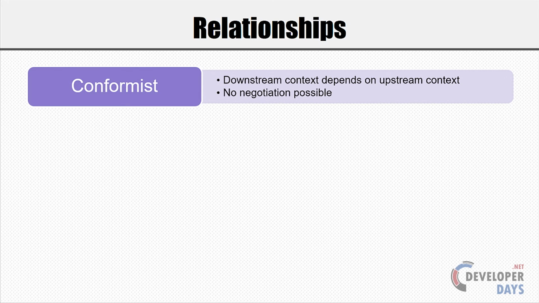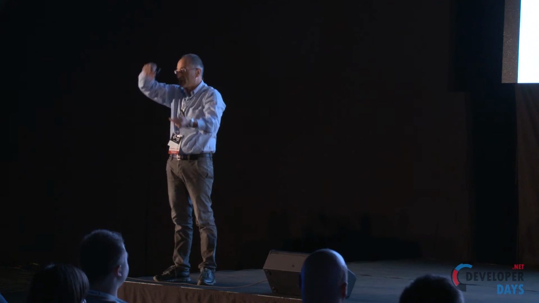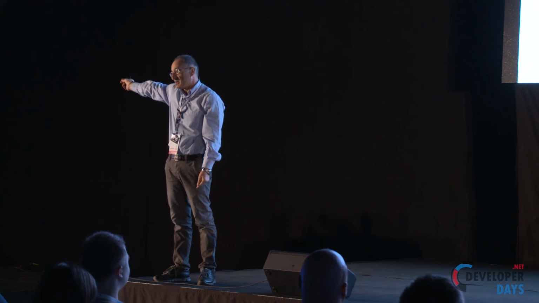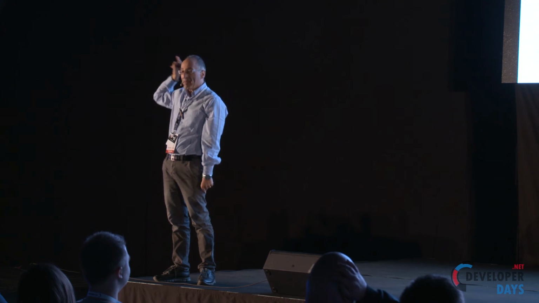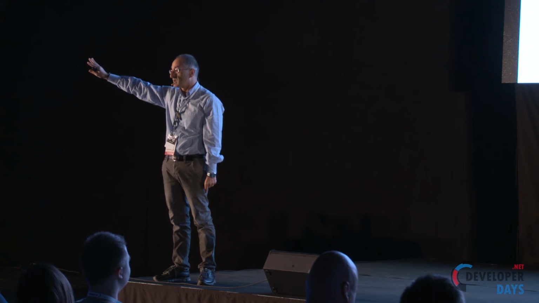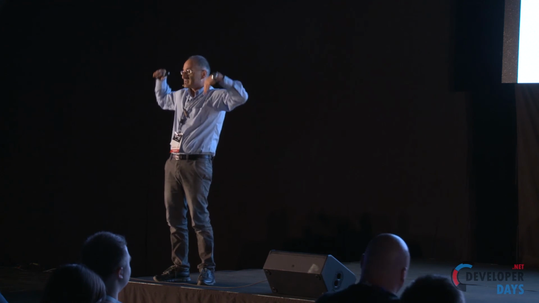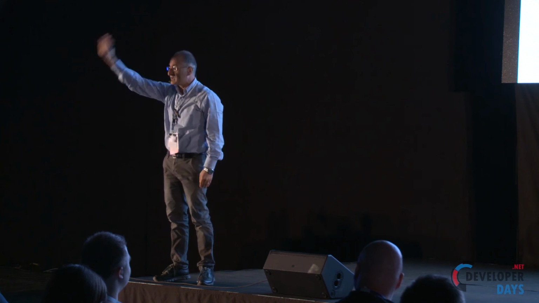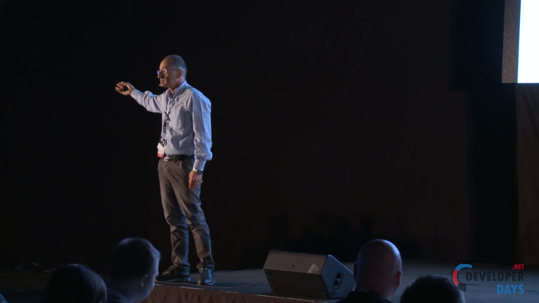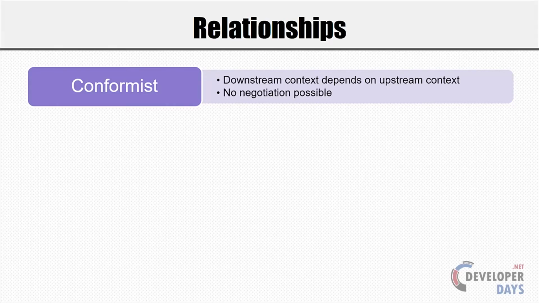This said, in a conformist relationship, there is no room for negotiation between the master and the slave. The master rules, period. So as an architect, when you establish a conformist relationship between the two bounded contexts, you are saying the team in charge of the upstream context rules. So the other team must just be conformant to whatever release, schedule, feature, decision is made by the other team. You decide that as a lead architect.